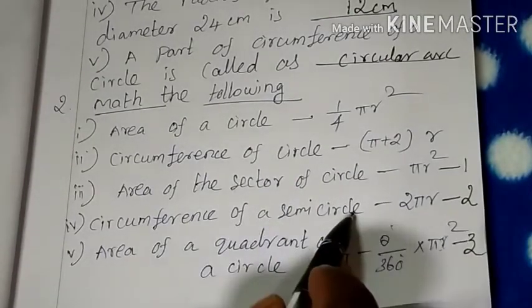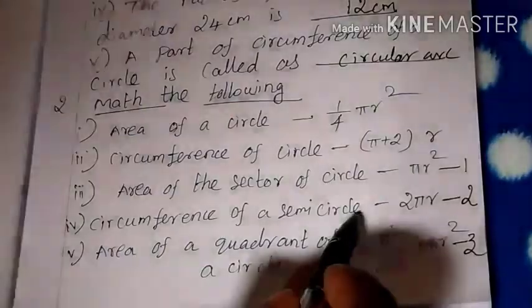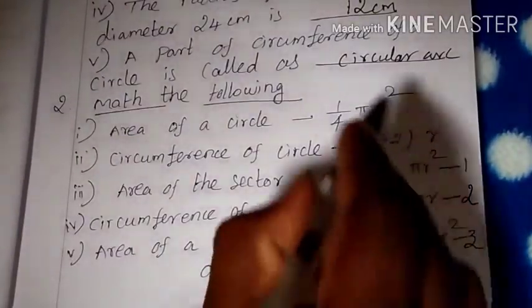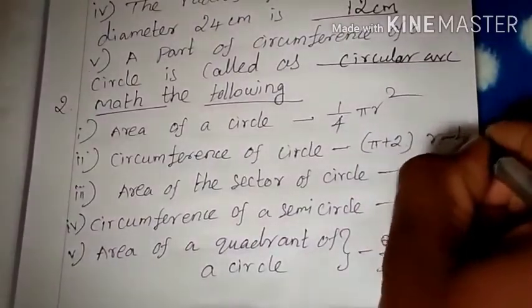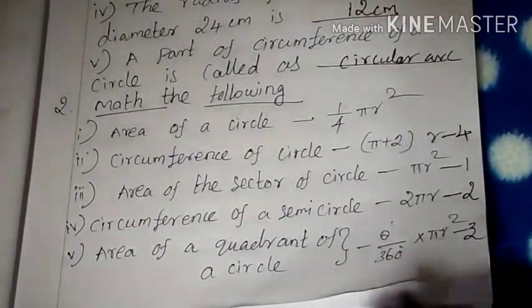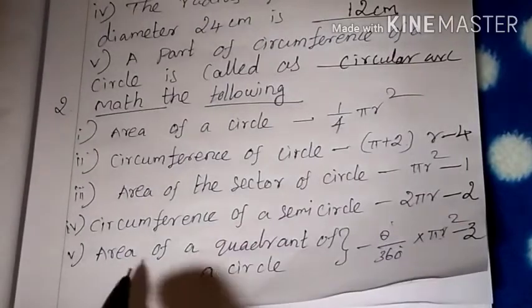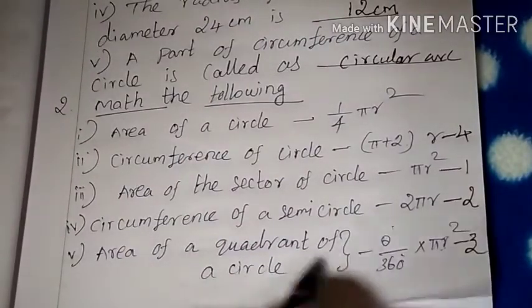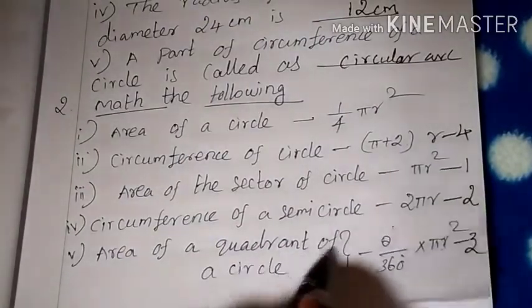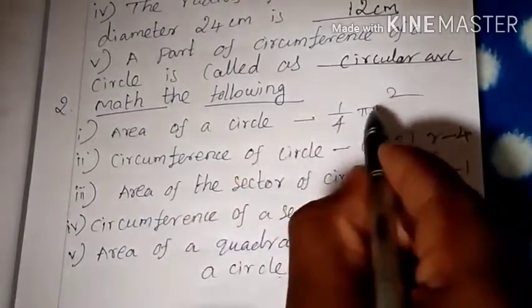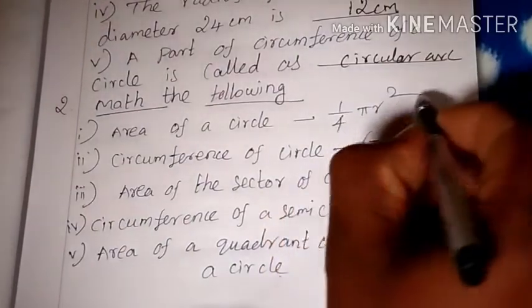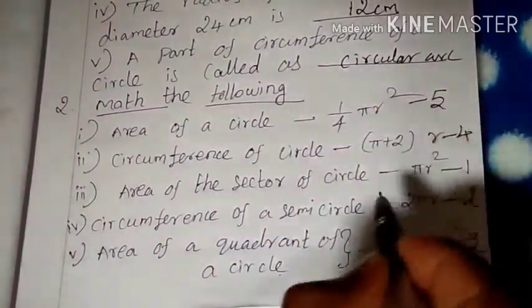The formula is pi plus 2 into r. This is the fourth option. Okay. Then the last question, area of a quadrant of a circle. So a quadrant of circle formula is pi r square divided by 4. This is your answer. Fifth question answer.